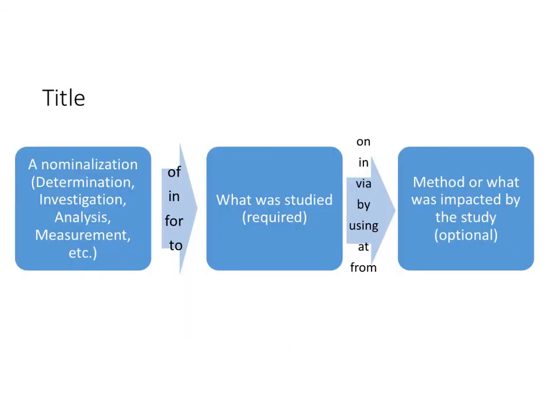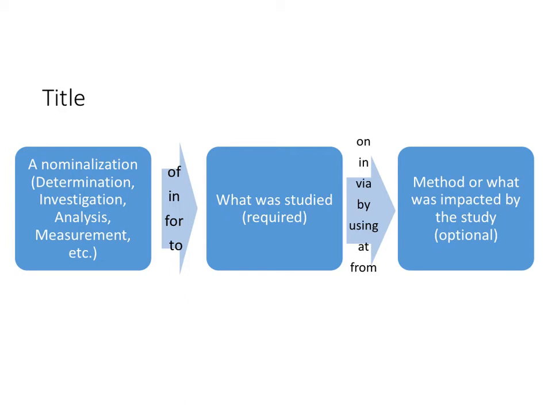Okay, that brings us to the title. Now, the Write Like a Chemist book describes a very general way of coming up with titles for papers. This is not 100% followed by people in the literature, but you do see this relatively frequently.